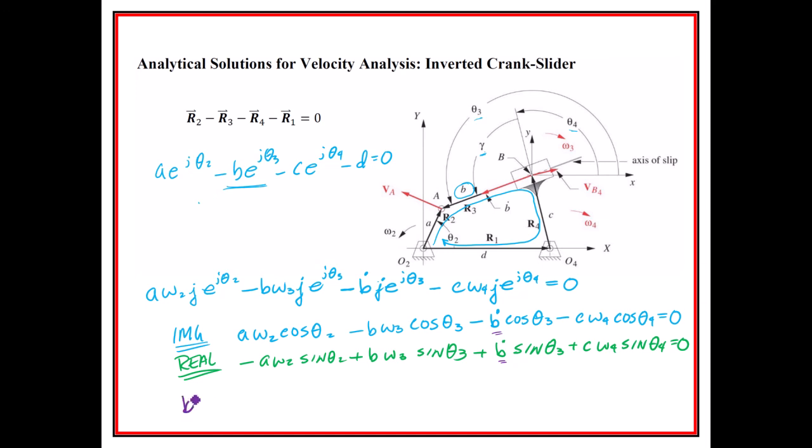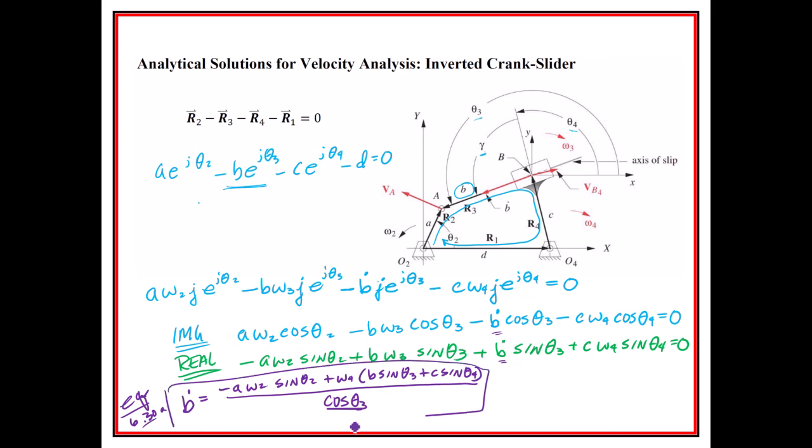So b dot is equal to negative A ω2 cosine θ2 plus ω4 times B cosine θ3 plus C cosine θ4, all divided by cosine of θ3. That is equation 6.30a.